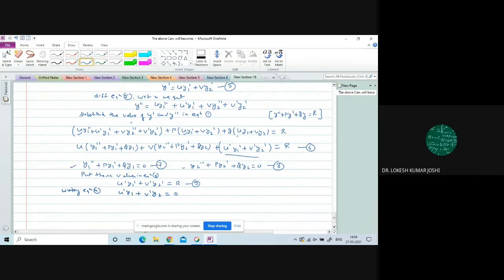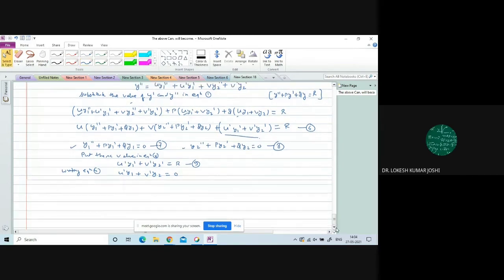If we solve this equation, what will happen? Let us check. This equation can be written as u dash y1 dash plus v dash y2 dash minus r equals 0, and this one can be written as u dash y1 plus v dash y2 minus 0 equals 0. The solution will be given by u dash, v dash, 1.